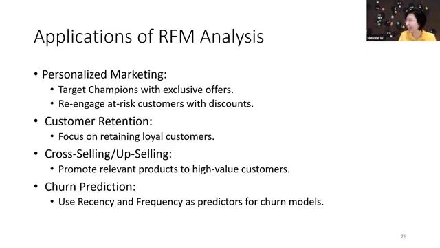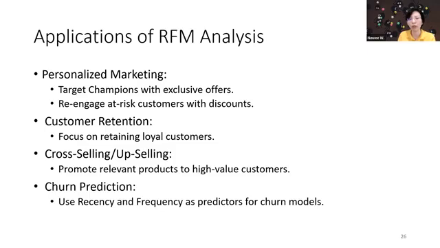So we can directly use recency or frequency as strong predictors for machine learning churn models by feeding these numbers 1, 2, 3, 4, 5 in as one dimension, or one feature, in your algorithm, and then you can use these features as predictors of your churn model, right?